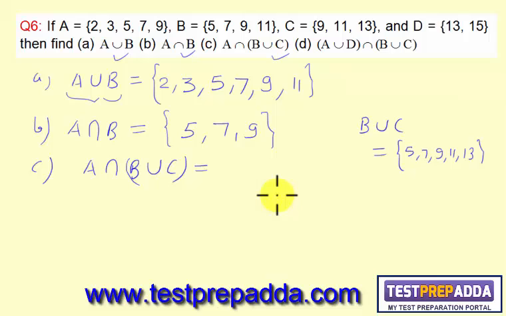Okay, B union C. Now A intersection (B union C) means we have to select common elements of A and B union C. So what are the common elements? 5, 7, 9.